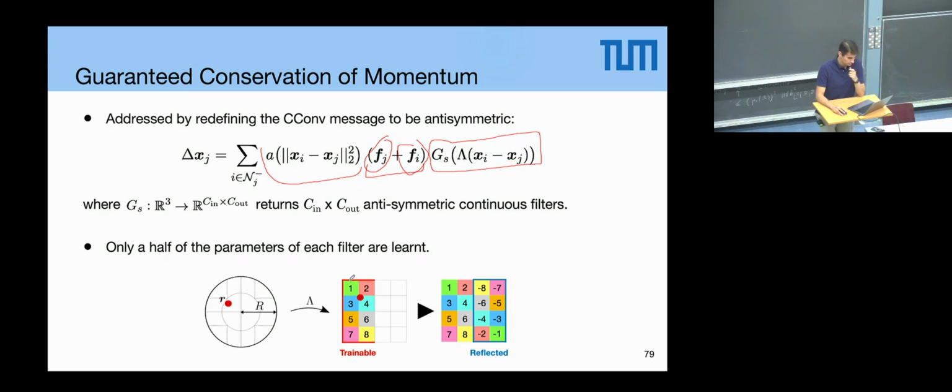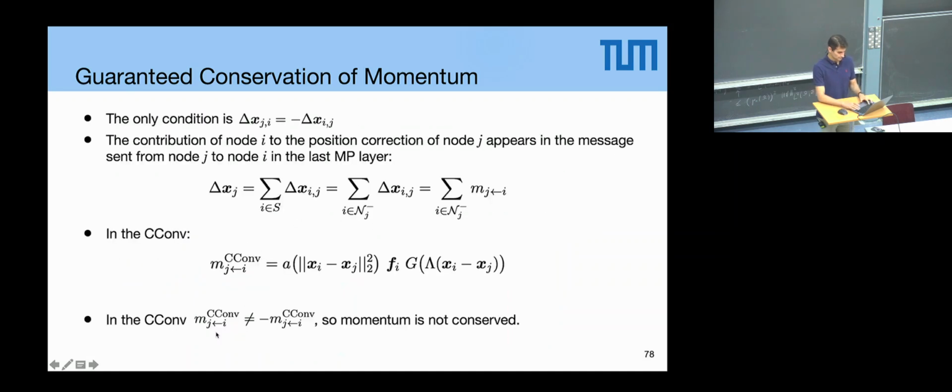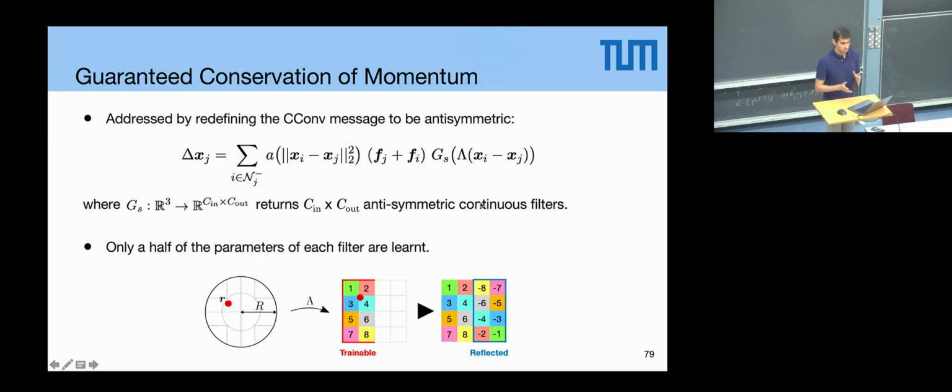We are going to learn only half of the kernel, and the other half of the kernel is constrained to be the antisymmetric of what we learned. So if we had a 1 here, we will have a -1, if we have a 2, we have a -2. That way, if we evaluate this with xj minus xi, we will get the same but with a minus sign.